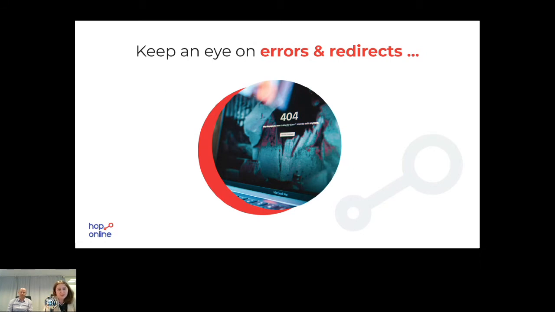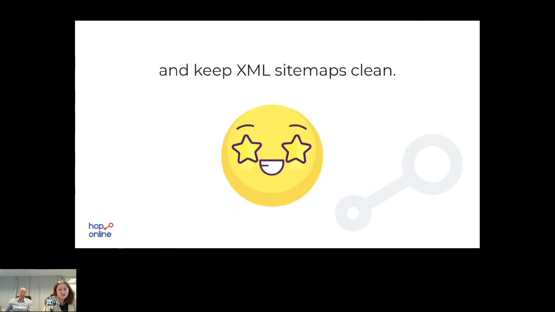The next item, which is also good for your crawl budget optimization, is the XML sitemap. And the most important thing is to keep it clean. By clean, what we mean is to include in there only 200 OK pages that are indexable.